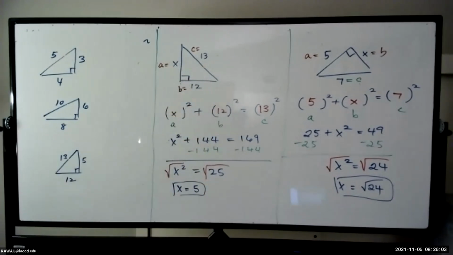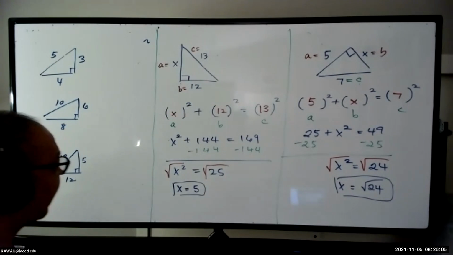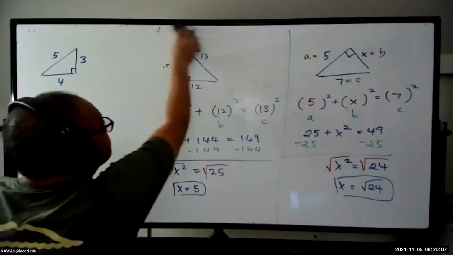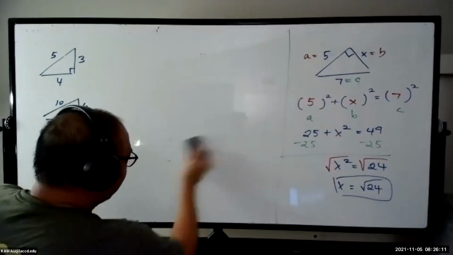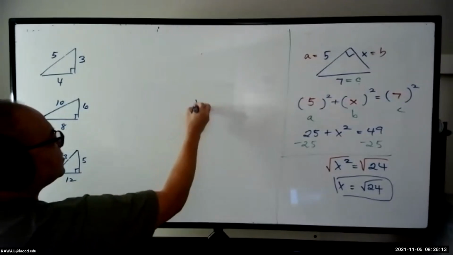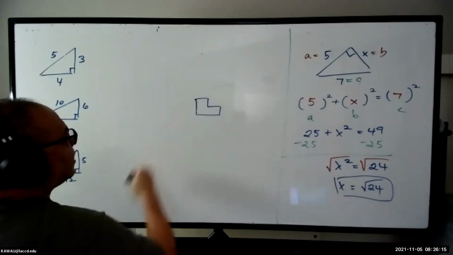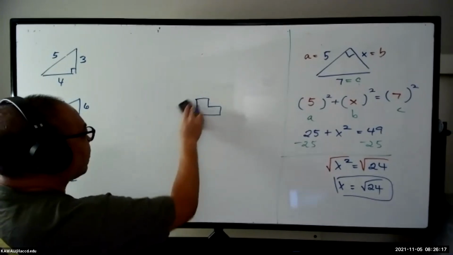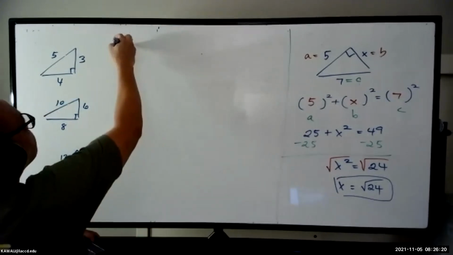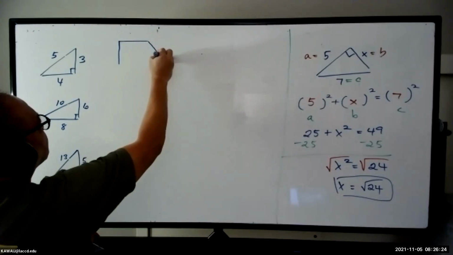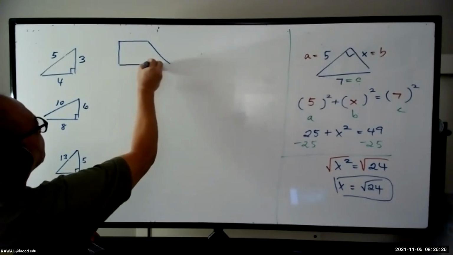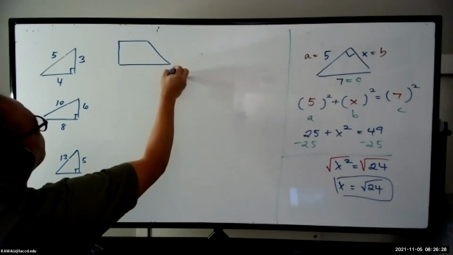Now, let me show you how this can come up on your exam. So we had done composite shapes before, meaning that in the past we had done shapes that look like this. But now let's do shapes that have triangles in them also. So let's say I give you something that looks like this. Okay.